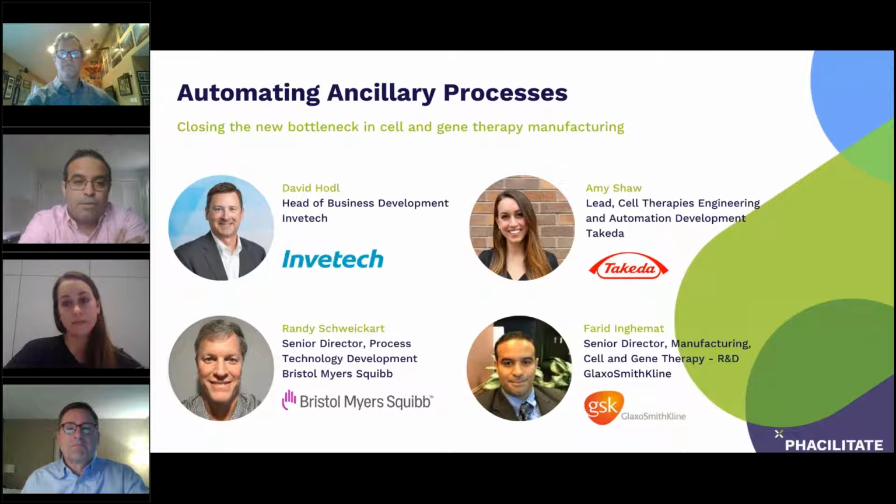So it is very important to turn around that information quickly, and the more you do in reducing that release cycle time, the better off you are in getting that material back to the patient in a timely manner.